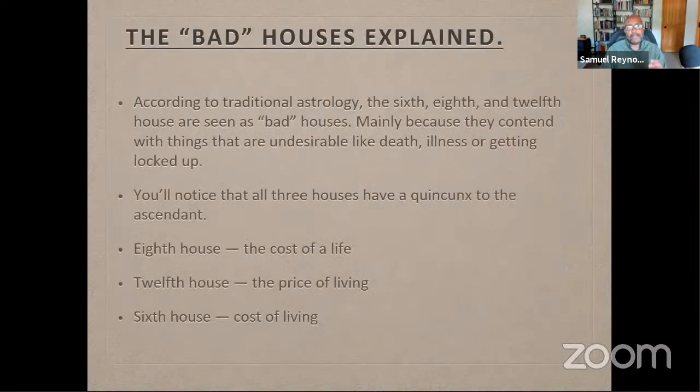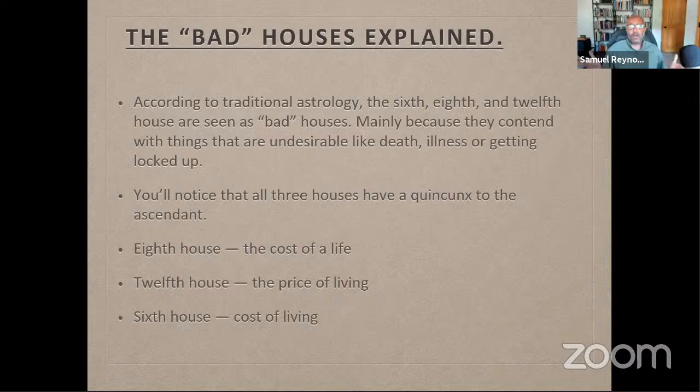So the way I make the designation is then, what do these blind spots really relate to? Well, the 8th house is more the cost of life. Like you might remember I said, this is the place where you have to pay tribute in some way in terms of understanding from your ascendant what the cost of life is.